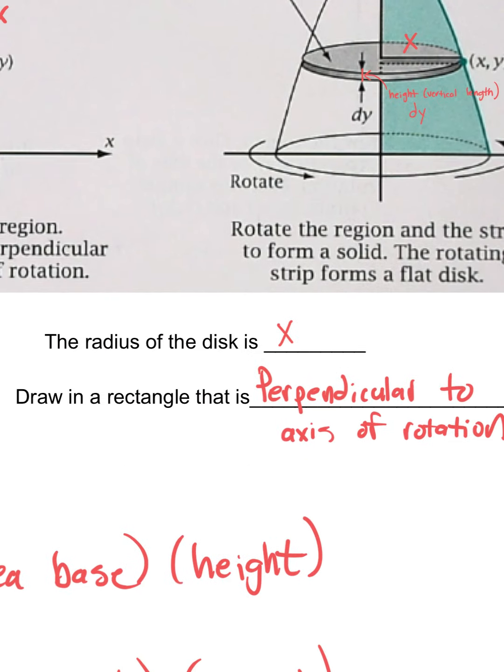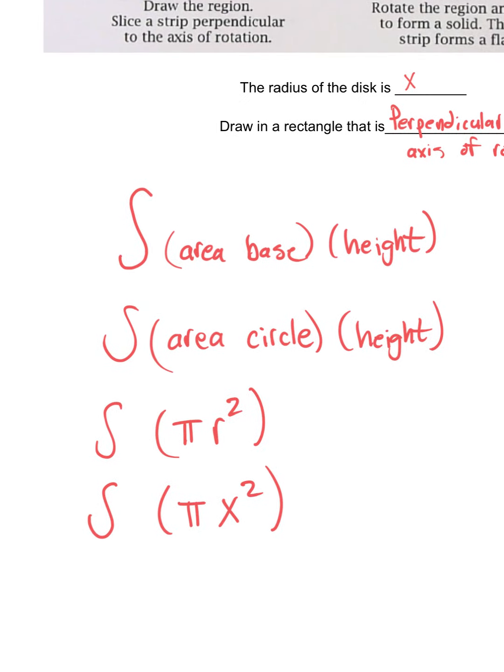So we pop that in right here. So area of the circle, pi r squared, becomes pi x squared. Our height is dy. Now remember to plug in x. The pi comes along, and we plug in x right here.